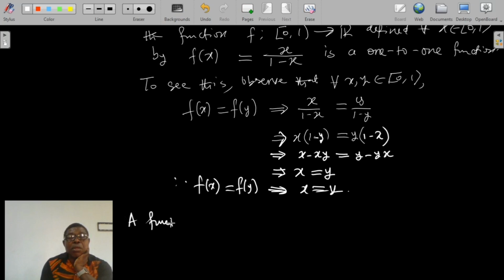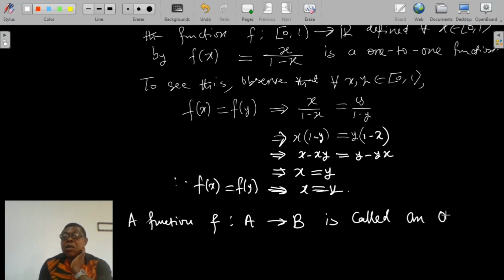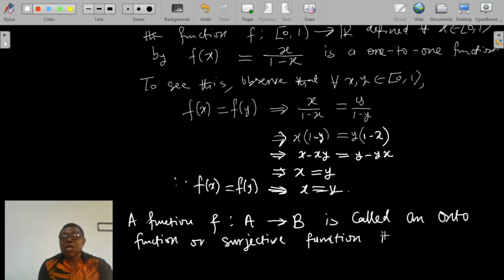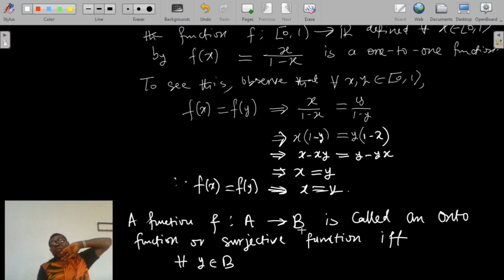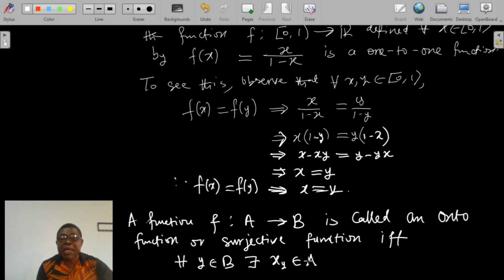A function f from A to B is called an onto function, or surjective function, if and only if for any y we pick in B, where B is the range of the function f, there exists x depending on y in A, such that f of x sub y is equal to y.